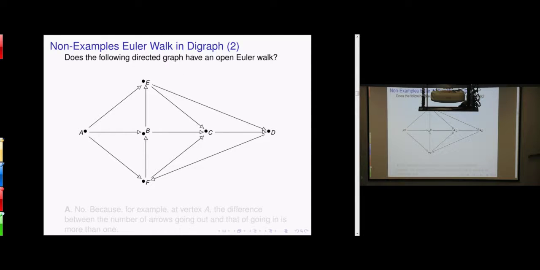Okay, let's look at one more. How about this one? The question is, does the following directed graph have an open Euler walk? Again, we have to look at the in degrees and out degrees. So here A has 3 arrows coming out, nothing coming in.